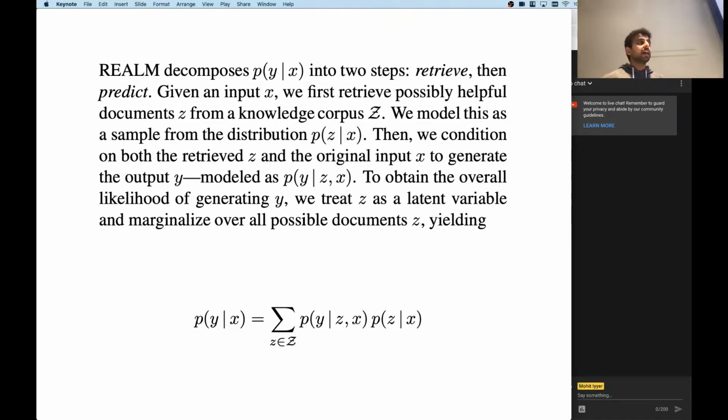So what they end up doing in this paper is something simpler. They have a scoring function that takes a dense representation of X and a dense representation of every single paragraph in their data store. They perform an inner product, just a dot product between the query representation and all of the passage representations.